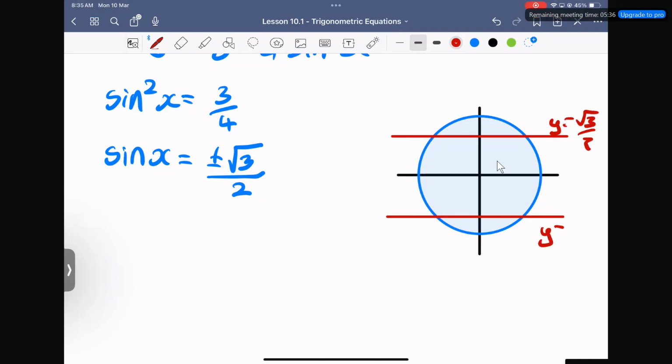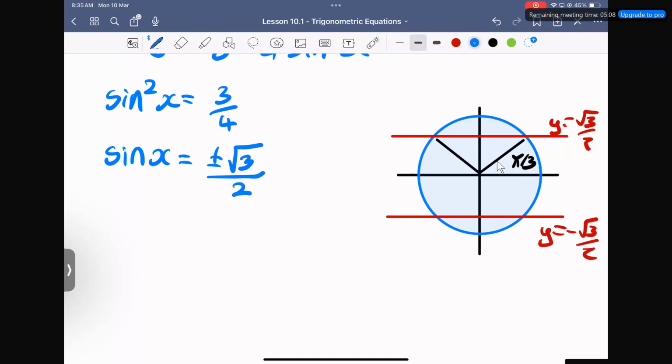This is the line y is equal to minus root 3 over 2. From the exact value table, we get this angle here. What's this angle going to be? Pi over 3. This is pi over 3. What's this angle going to be? So this one is given by pi minus pi over 3.